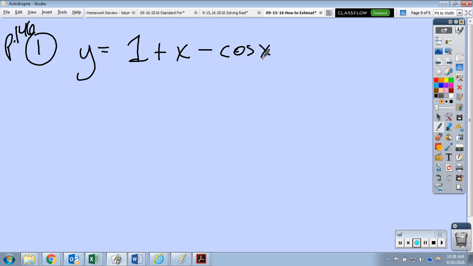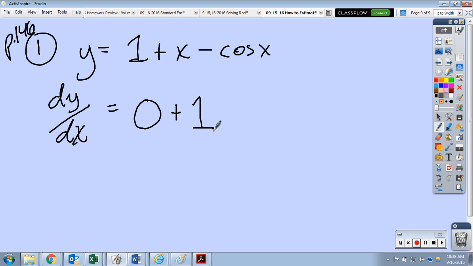So we have y as a literal equation in terms of x. So we can just go ahead. dy/dx would be equal to, when we're separated by addition, we just do each individual one. The derivative of 1 is 0. The derivative of x is 1.